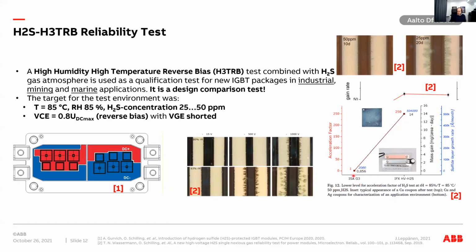But then also for this test, people have been trying to calculate what's the actual acceleration relative to this ISA standard G3 class. For this kind of a test, you can obviously do it with these copper and silver coupons. The idea is that you have limits in this ISA standard for the mass gain of these coupons, for both copper and silver, described in the standard for G3 conditions, and then you just compare them.